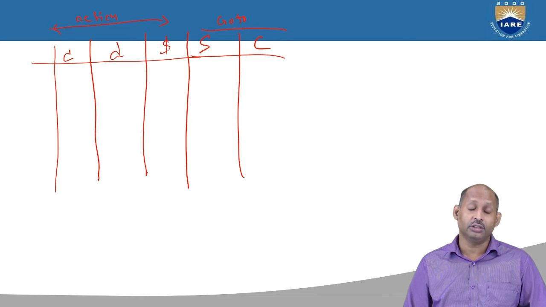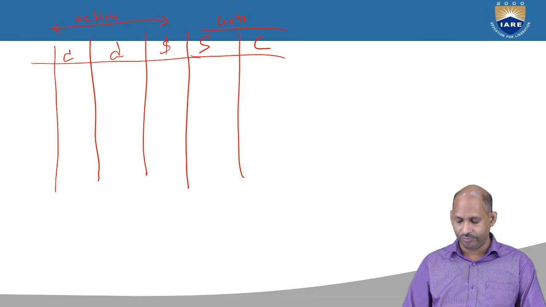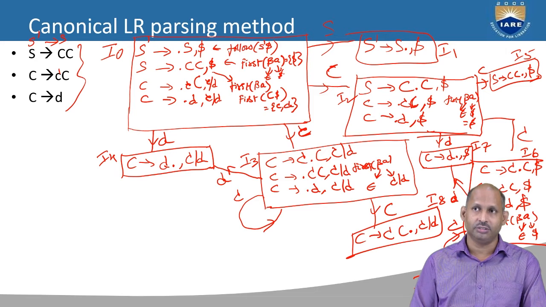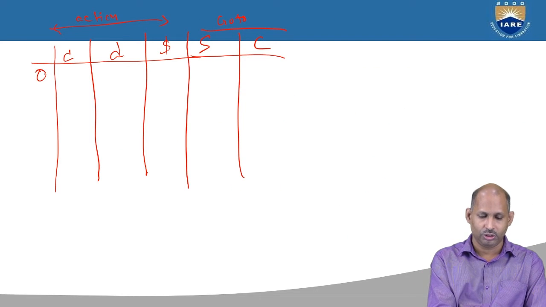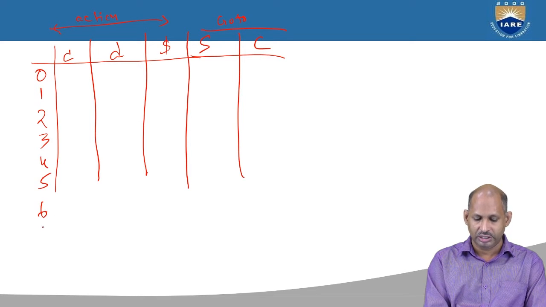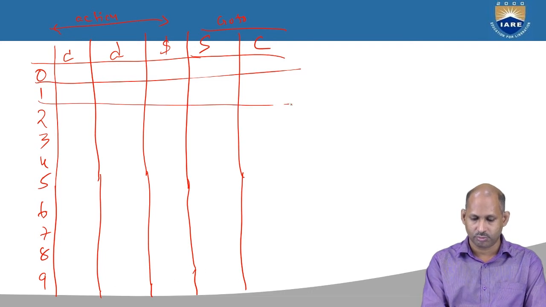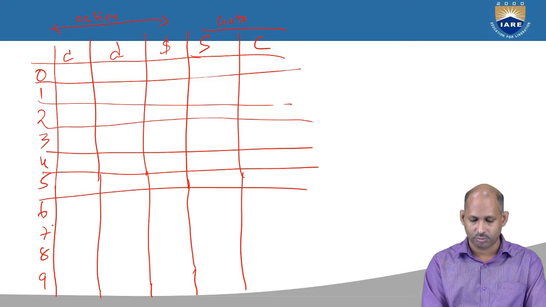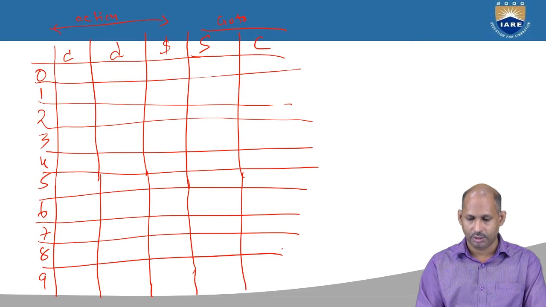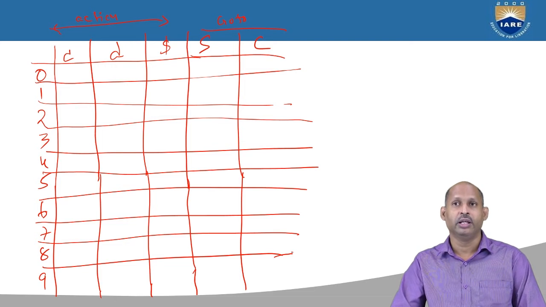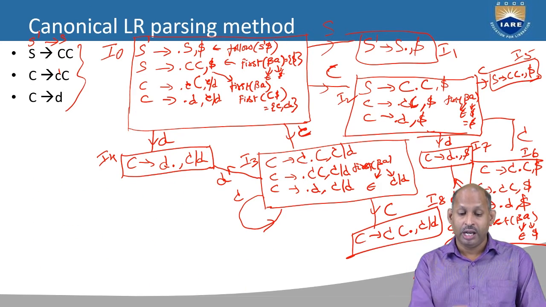Now, how many groups are there? The states are 9 states starting from 0. Right? 0, 1, 2, 3, 4, 5, 6, 7, 8, 9 groups. First, the I0 group.